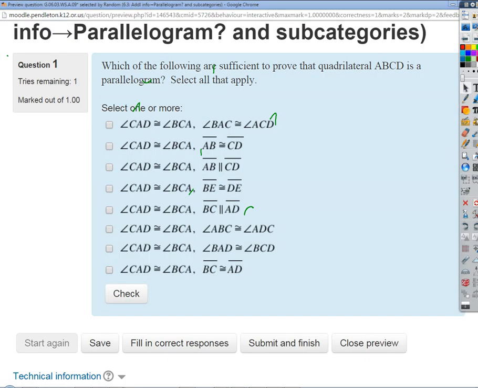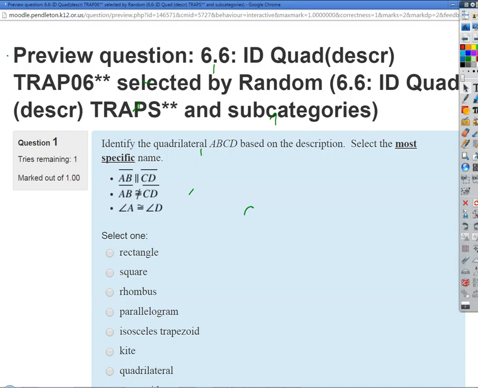Okay, what about one like this? It's so easy. What do you guys do with that? Okay, what about these?